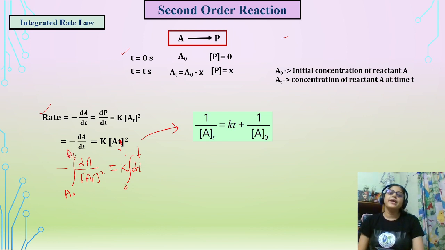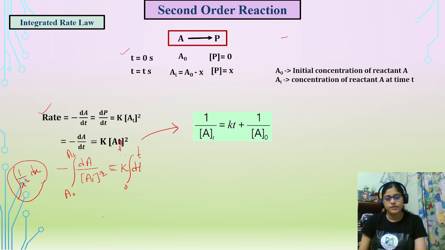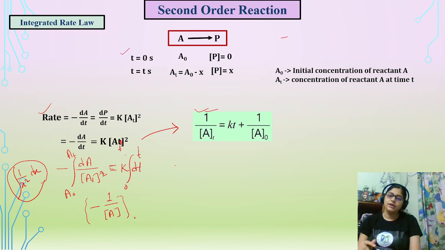So what will be the integration of 1 by x square dx? Minus 1 by x, right? So if we put the limits, then this equation will come. Hope you understood this.